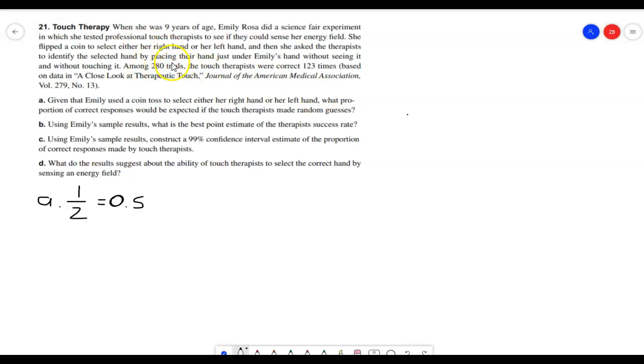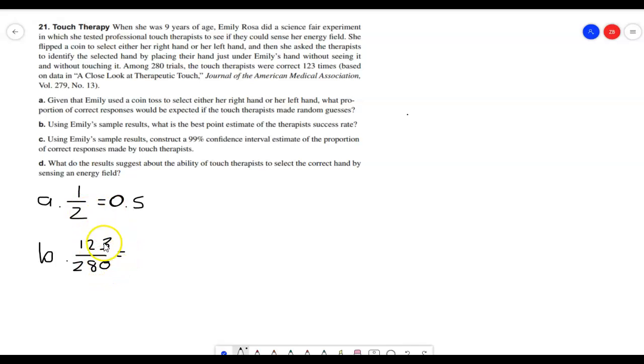The sample is the 280 trials, and we had 123 successes out of that. So the sample proportion of successes is 123 over 280 trials.